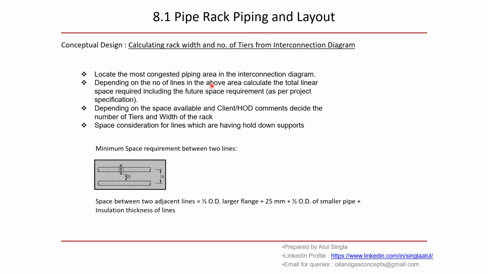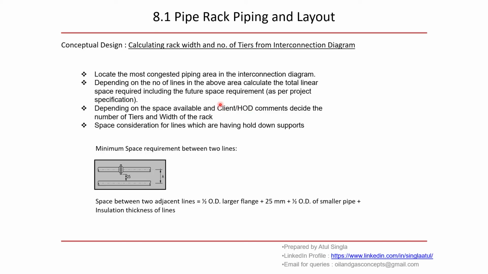Depending on the number of lines in the above area, calculate the total linear space required including the future space. Now if we know how many lines there are, the spacing criteria, and the future space required, and we have already located the congested piping area, then combining these things we can decide the width of the pipe rack depending on the space available and the client or HOD.